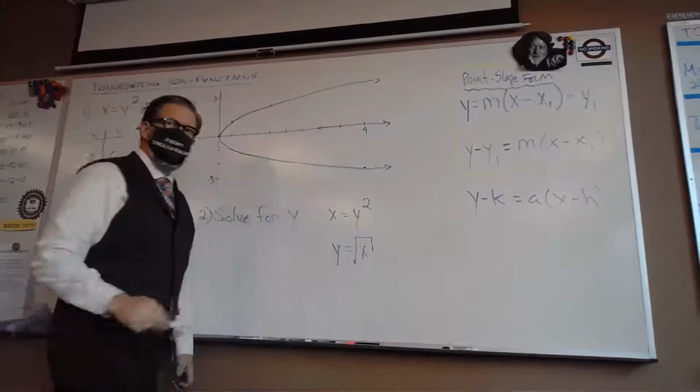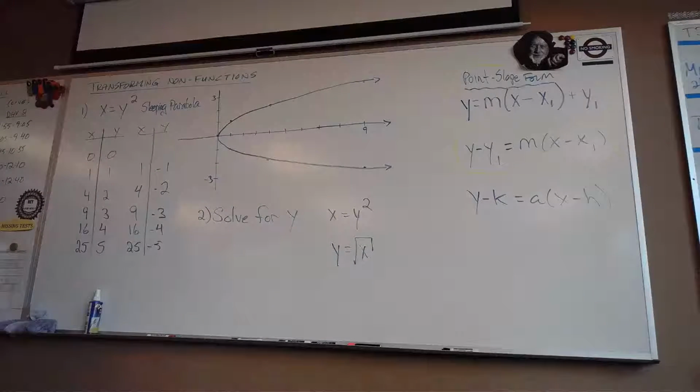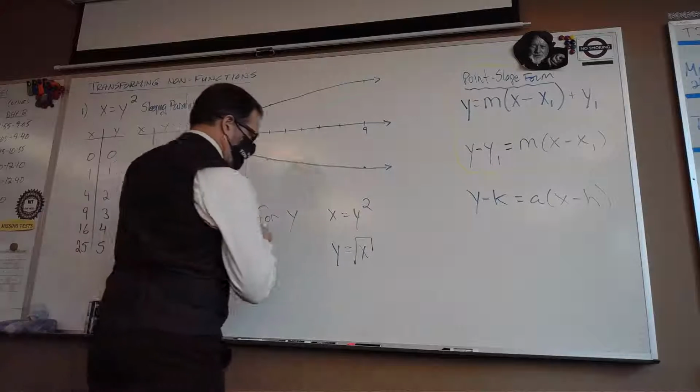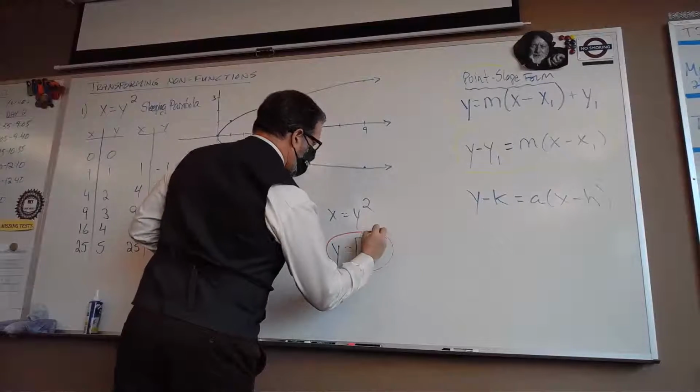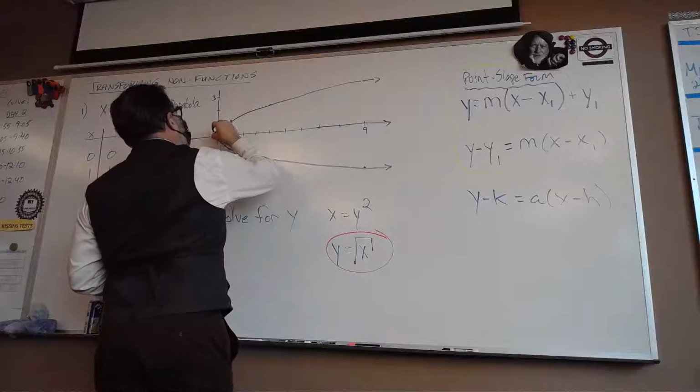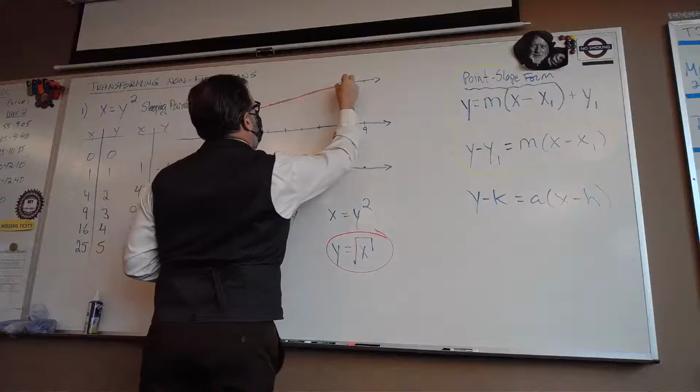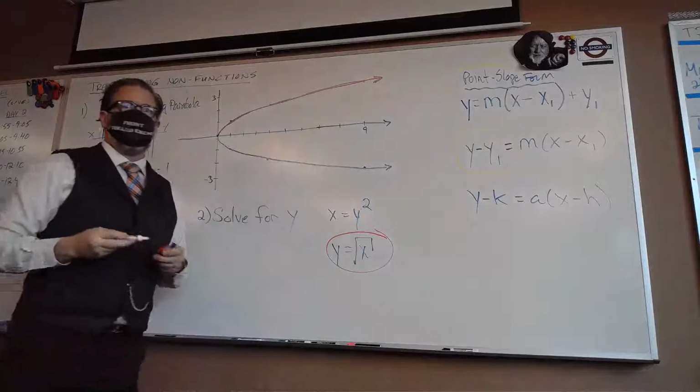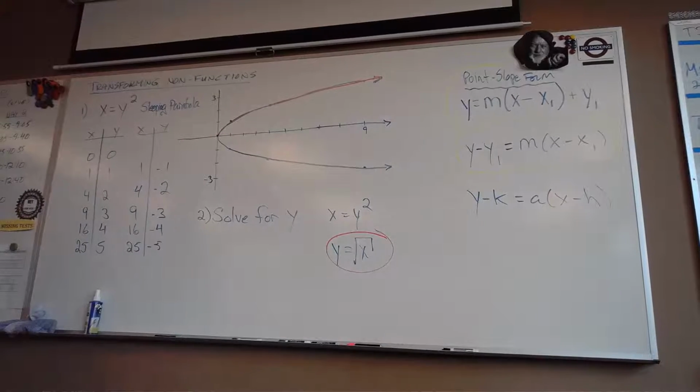So what happens when you put y equals square root of x into your calculator? You get half of it. Y equals square root of x gives you that. How do we get the other half?